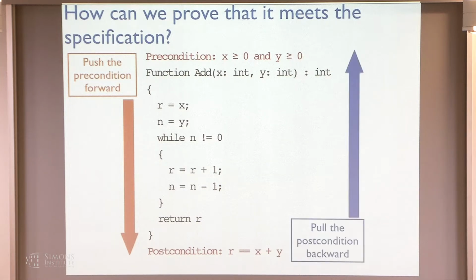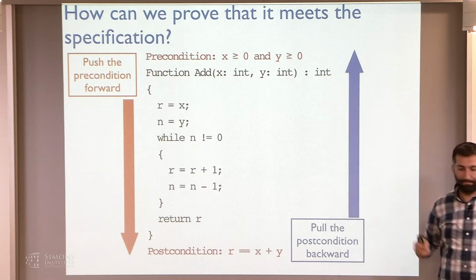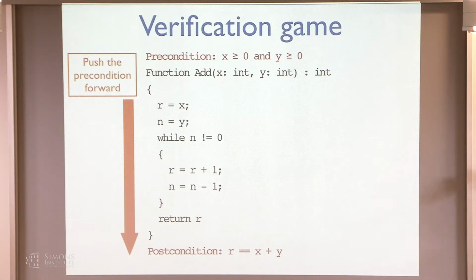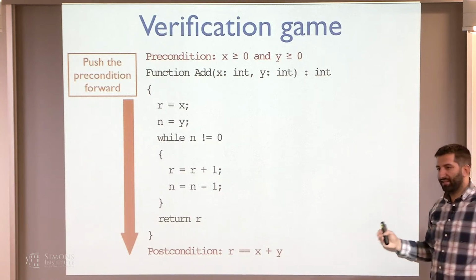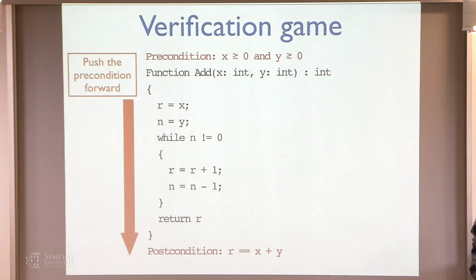Another approach would be to pull the postcondition backward, so trying to see if this indeed follows from that. Now, this is a kind of game. I will choose the direction of going forward because I think it's a little easier to present on paper, although automated techniques try to go more backward.